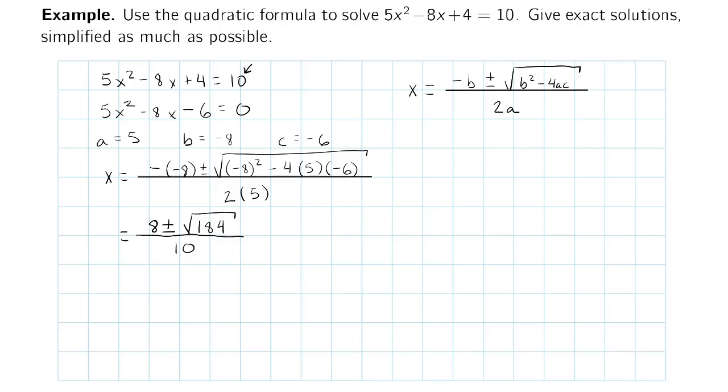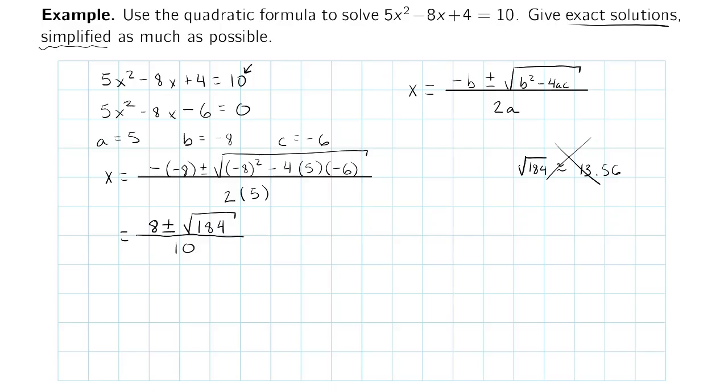Throwing the square root of 184 into the calculator, I get that the square root of 184 is about 13.56. Since I want exact solutions, I don't want to use that decimal approximation. But I do want to see if I can simplify. So what does that mean?